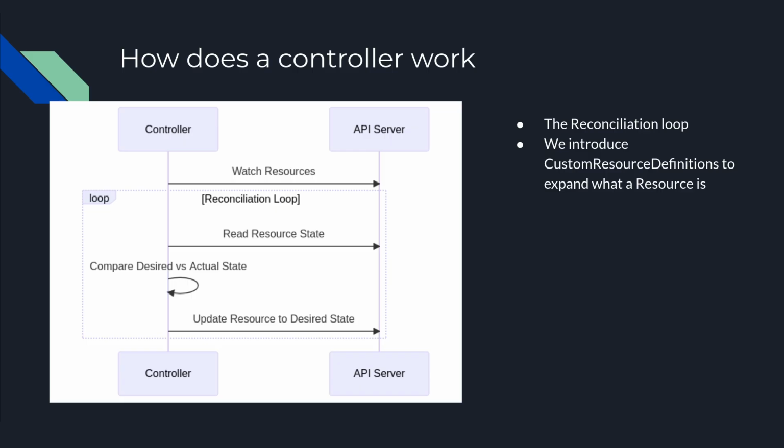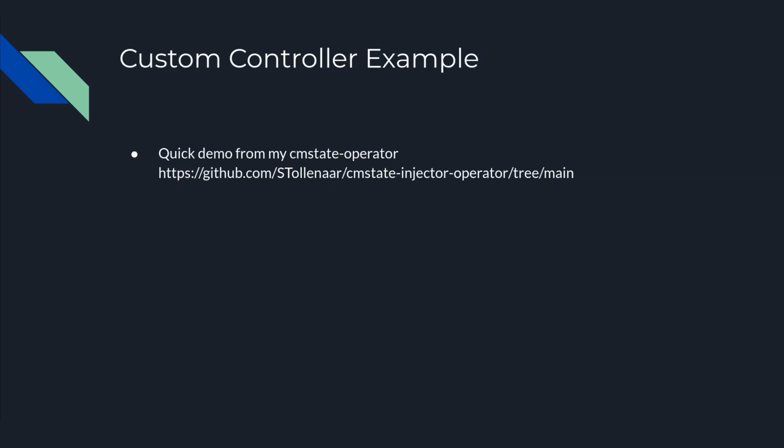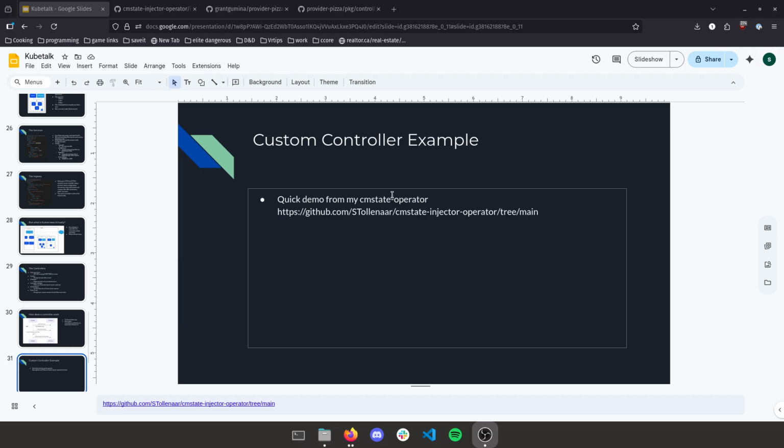And if they aren't that way, it sends requests to the API server to say, hey, update it this way, make sure it's the way I want it. And this is called the reconciliation loop, and it's applied on every controller everywhere. So a little example of that is a custom controller I made.